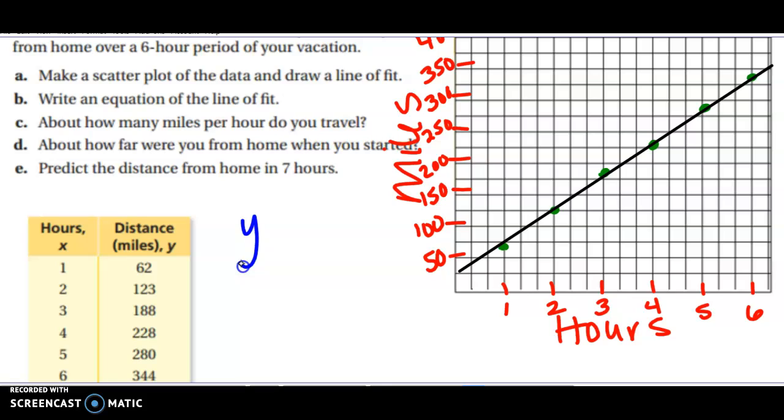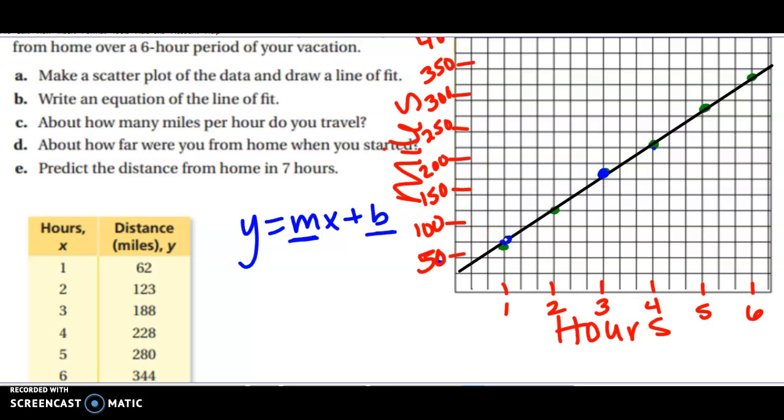So again, I'm going to do y equals mx plus b, and I'm going to remember I'm replacing that b and the m. So I need to find my slope. I'm going to pick, let's go with the 3 and the 1.